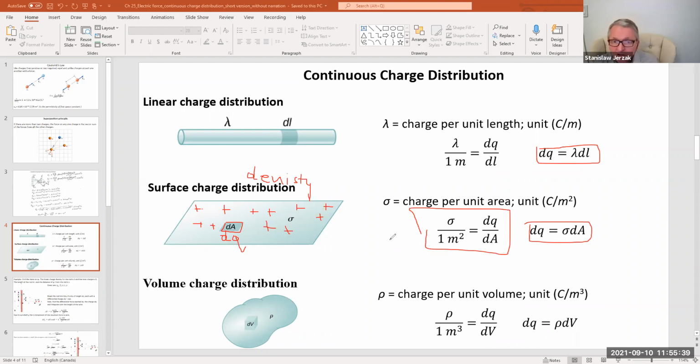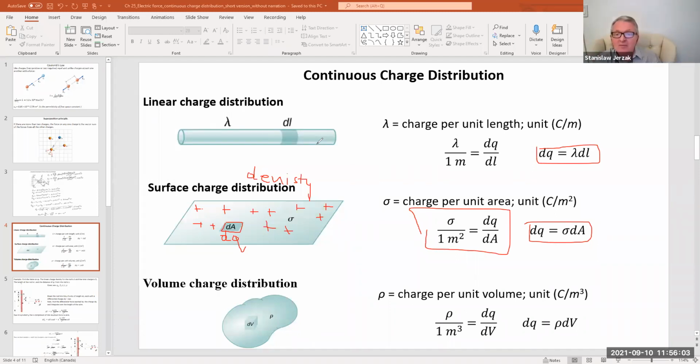Yeah, that's a very good question, because we will be dealing with a situation when the charge is on a very thin copper wire, let's say. That would be a good example of when we will deal with linear charge distribution. But like you mentioned, every wire really has a certain volume, right? It's like a very long little cylinder.